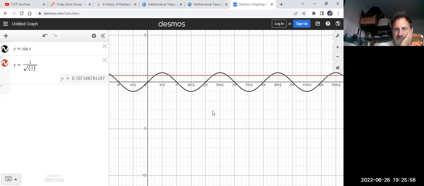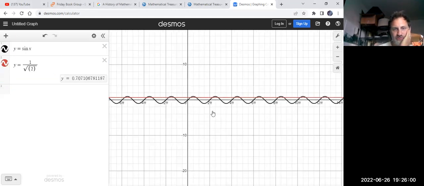So there's a lot of solutions to that. I'm just going to circle a bunch. 1, 2, 3, 4, 5, 6, 7, 8. Within every 2 pi, there are two solutions to this. And this cycles around and around and around. So there's really an infinite number of solutions.